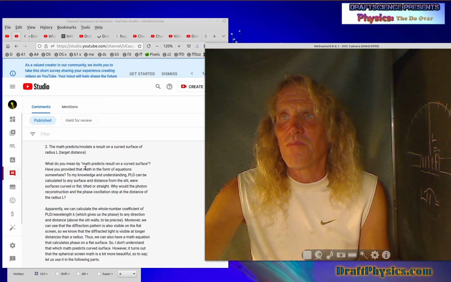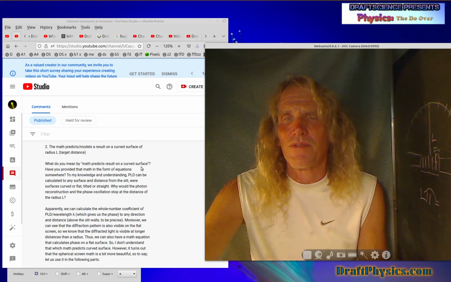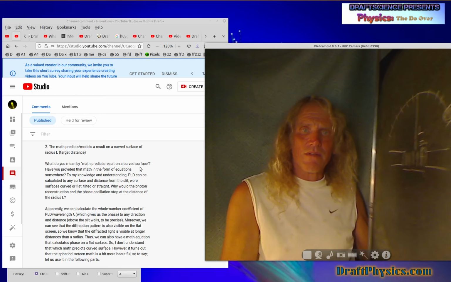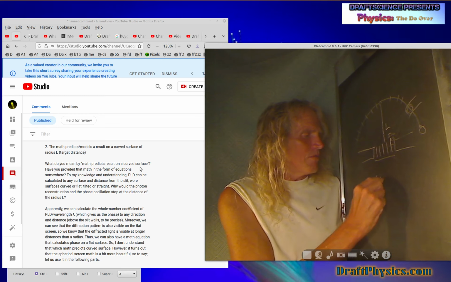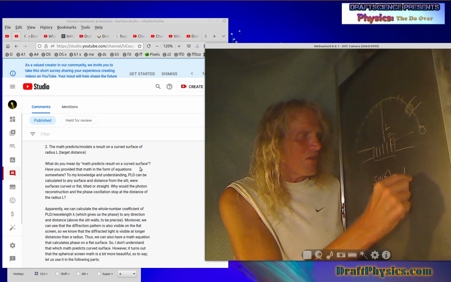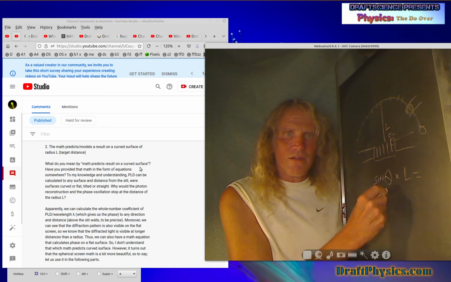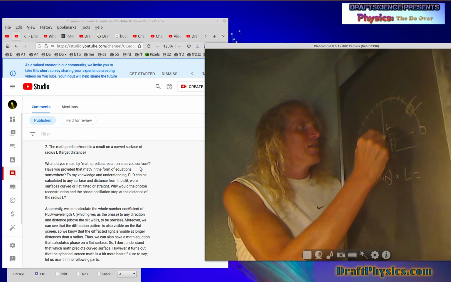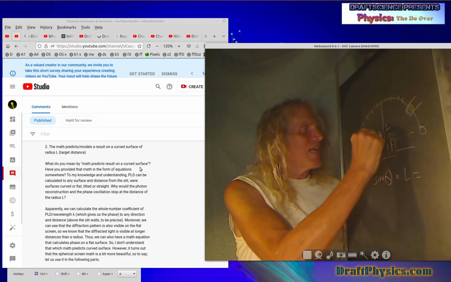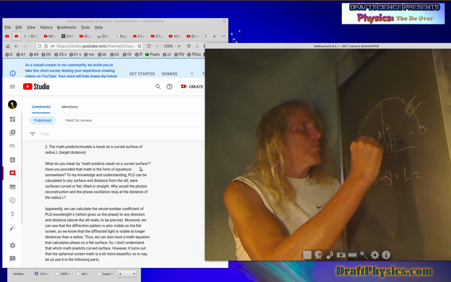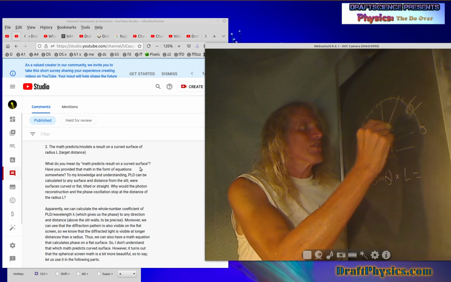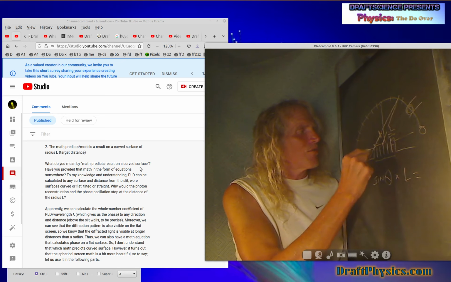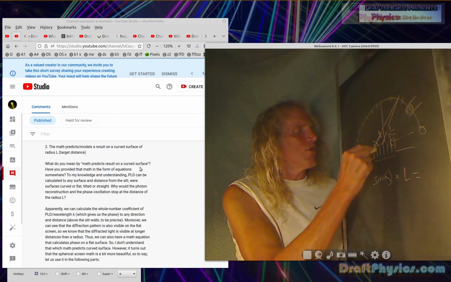Okay, so he says, what do you mean by math predicts the result on a curved surface? What I mean is that when they multiply their sine theta stuff times L, that's what they're doing. They're multiplying the product of their equation, their angle, and they're saying, what's the length of the line difference compared to L. L is the control line, and you're really asking, at what angle do I create another line that's exactly a wavelength longer?